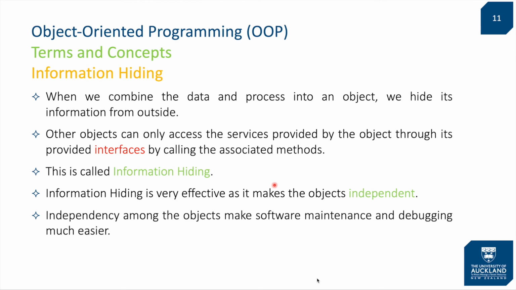Because down the track, when we want to change that, for example, we want to replace the old lecturer class with a new lecturer class, all we want to do is just take out the previous lecturer class and replace it with the new one. And we want the software to continue its operation with minimum changes. This is called minimizing coupling.